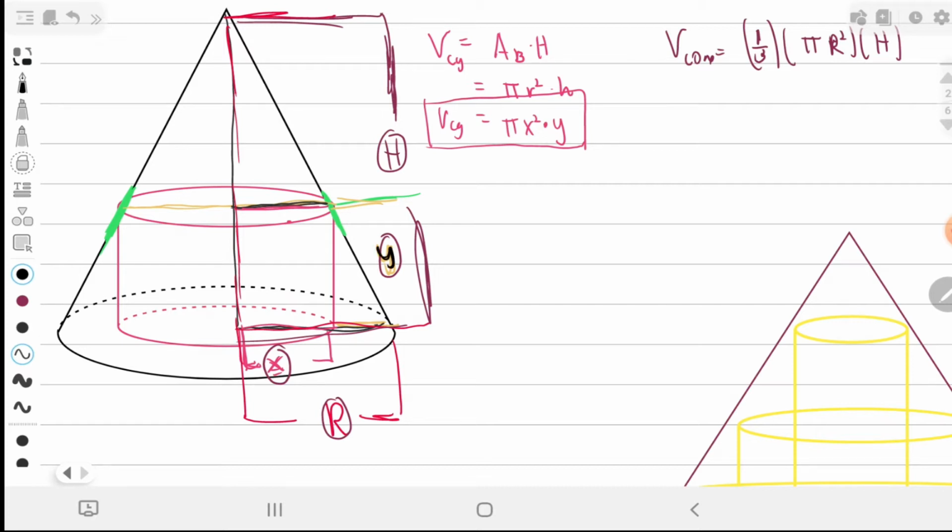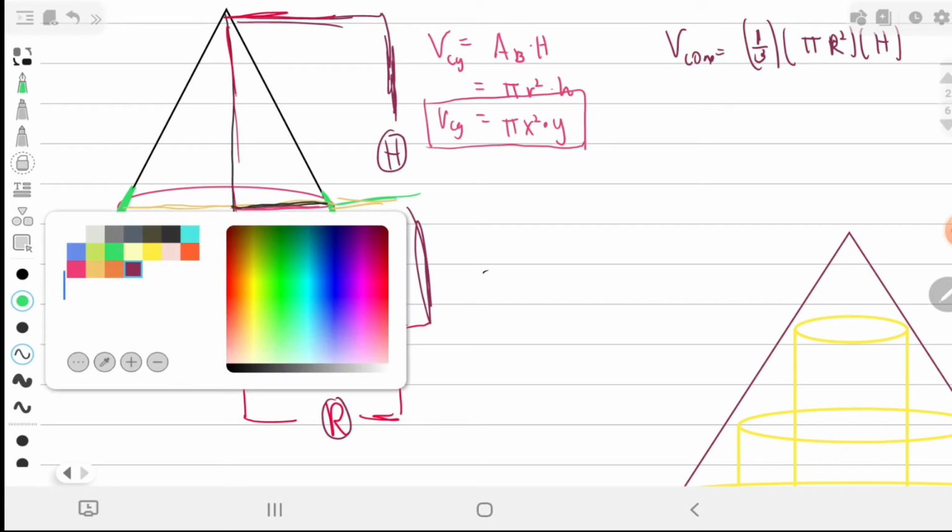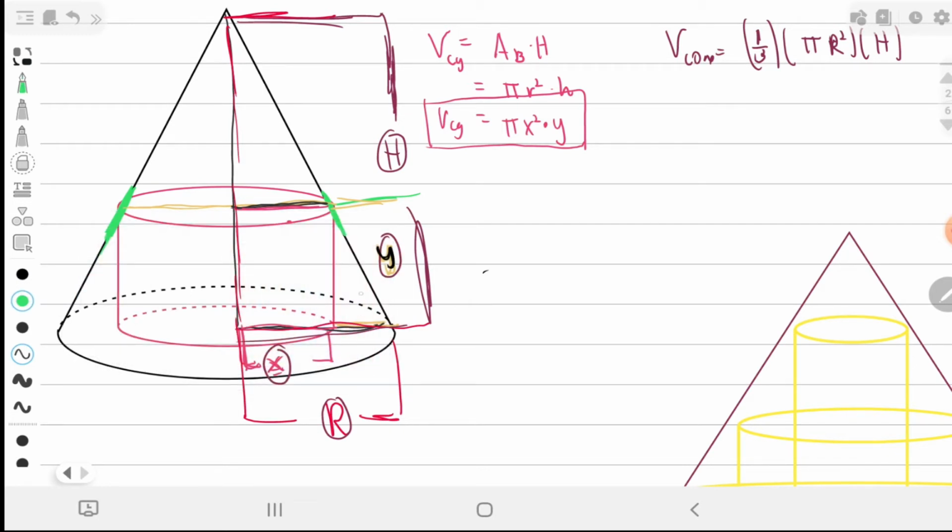Ang gagawin natin para makuha natin ito in terms of r and h, and also in terms of either x or y, is to use yung tinatawag nating similar triangle. Take note na pag kumuha ko ng angle dito, let's say this will be our theta, makakabuo ka ng isang malaking triangle.